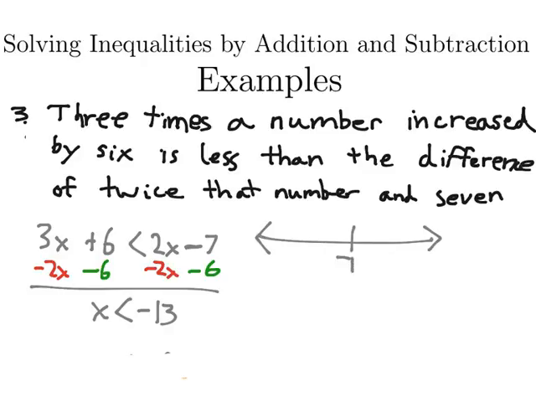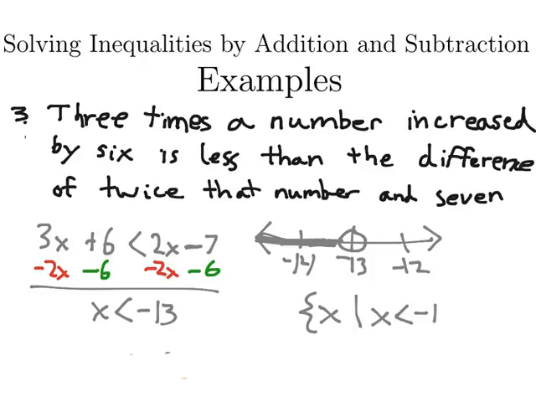If we have negative 13, negative 14, negative 12, it's going to be any value less than negative 13. So I shade in what's before, and we're not including negative 13, so I draw an open circle. And we can also write the solution as x such that x is less than negative 13.